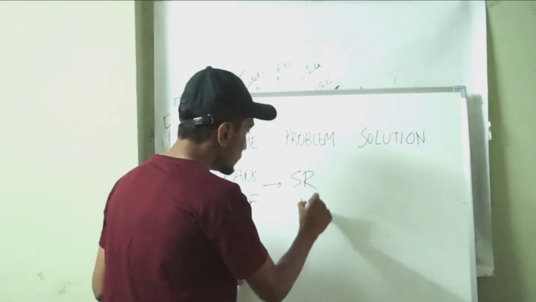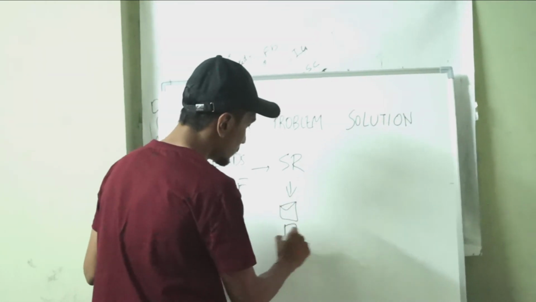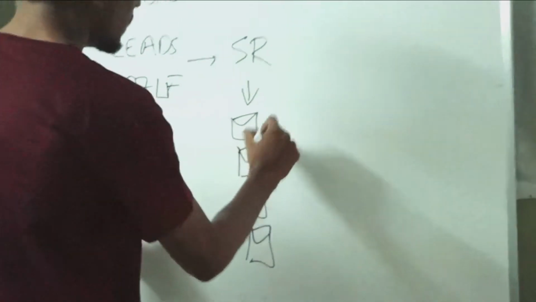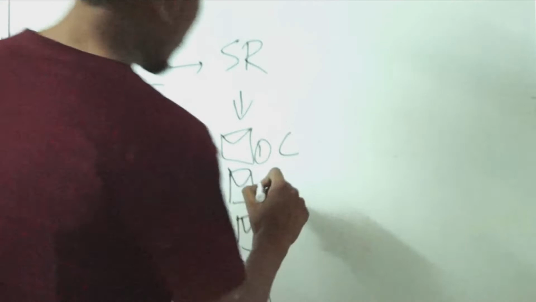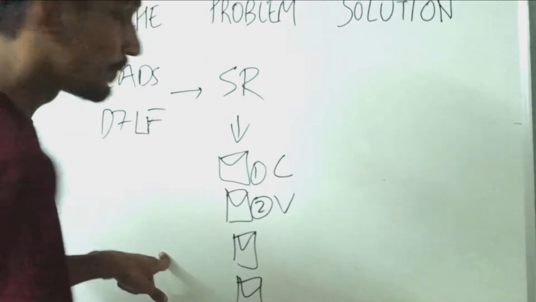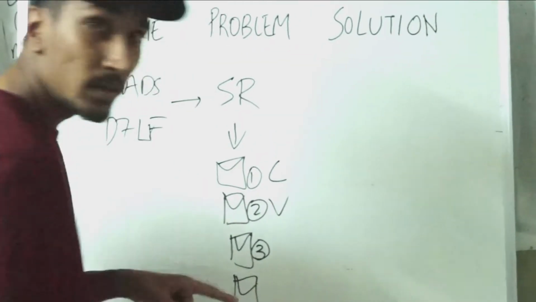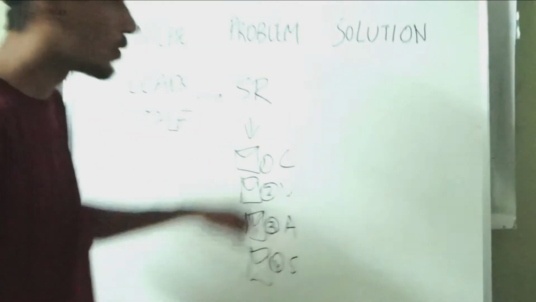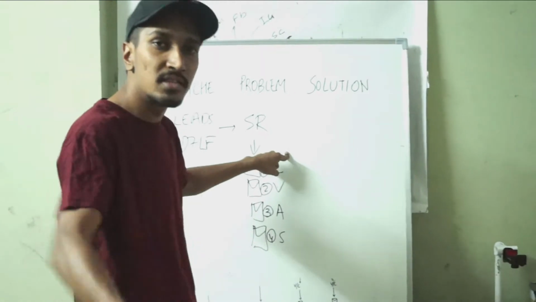Now what you do is you have a four email sequence to send to them. The first one is to build credibility. The second one is to provide value. The third one is to build authority, and the fourth one is to sell them. So I build credibility by showing my websites, testimonials, everything.